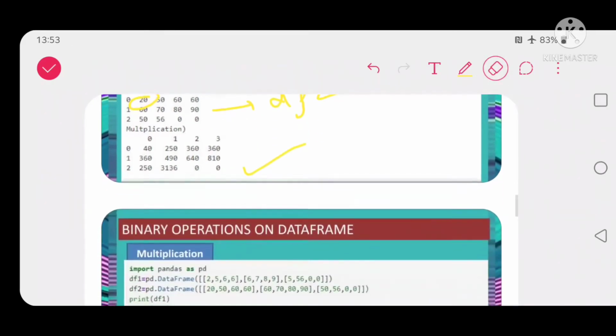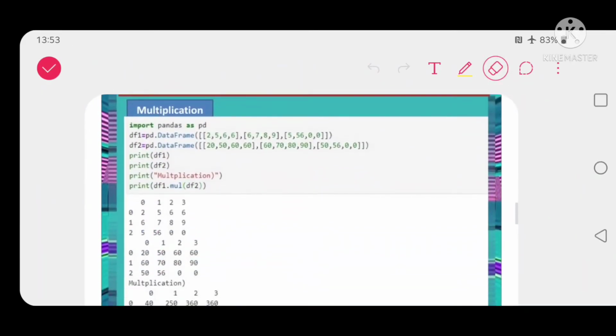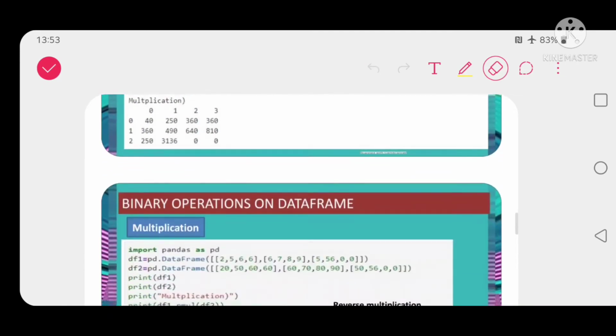Next, I can do the multiplication with the help of the mul function. You can see here the mul function is there: df1 dot mul, and df2 in brackets I will write. Clear? And similarly we have reverse multiplication.